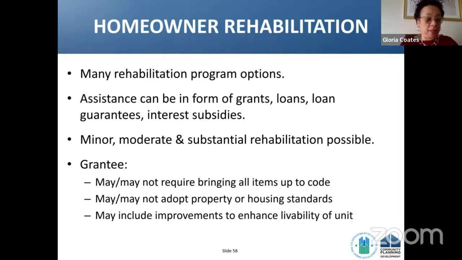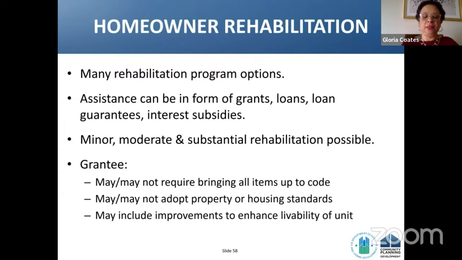Now, I want you to note that because of time constraints, we're only going to focus on the most prevalent housing activities like emergency rehab, energy efficiency, housing rehab, or general rehab. There are many options available for grantees that are carrying out homeowner rehabilitation, which is eligible under 570.201(n), as in Nancy.